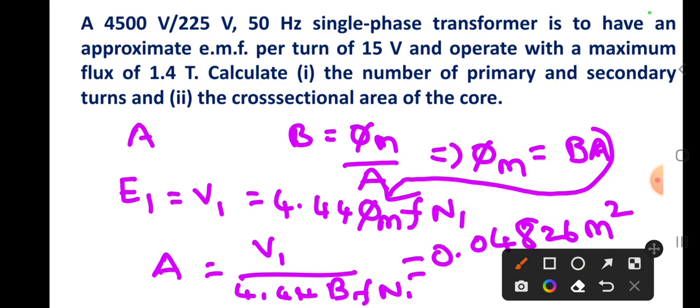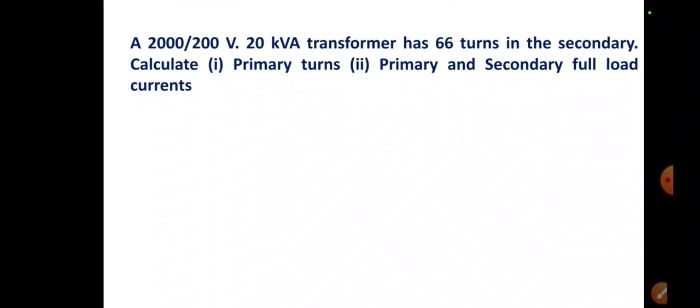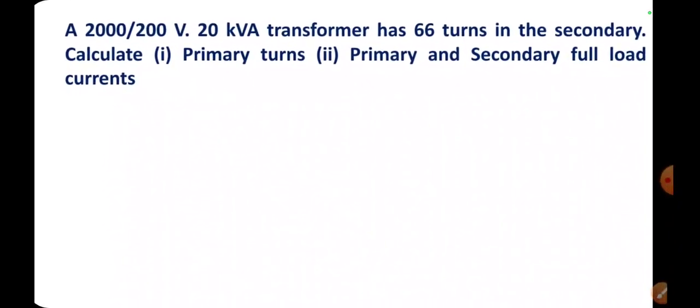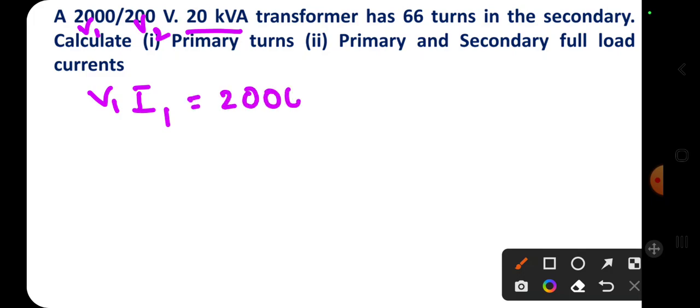Next, let us see another problem. This is a very simple problem. What are the values given? V1 is there, V2 is there, and this is V1, I1, V2, I2, and N2 is there.